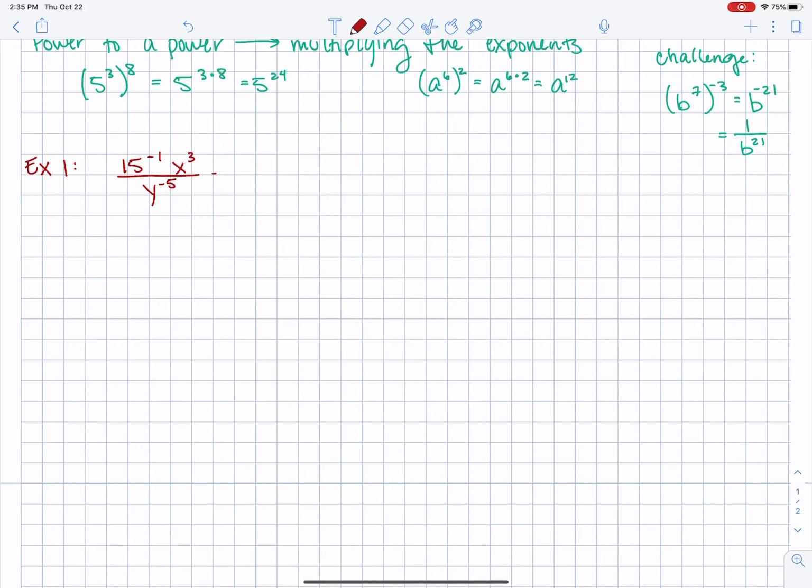Okay, so we need to simplify it. First thing that I like to see is whether any of these bases are the same. So 15 is a base, x is a base, and y is a base. None of those are the same, so I can't combine anything. My next step is to move exponents that are negative. I'm looking for my positive exponents first. So x to the third is positive, meaning I'm going to keep it up in my numerator. So there's x to the third.